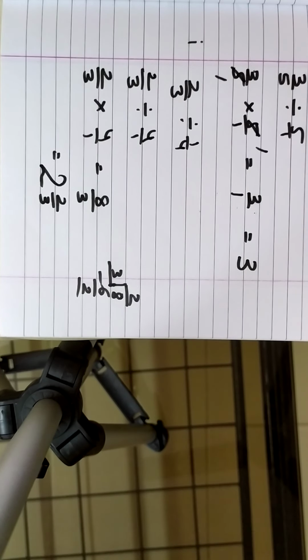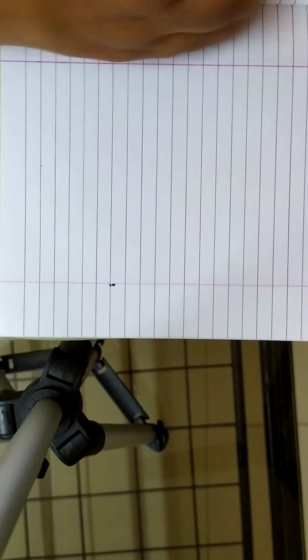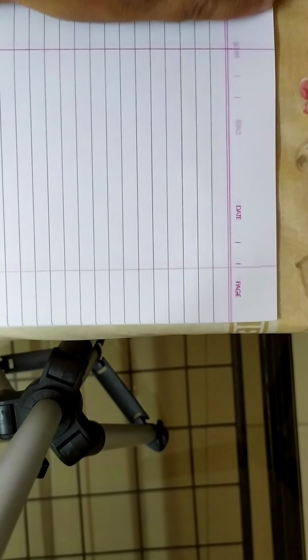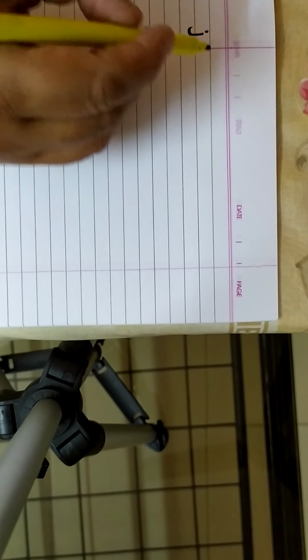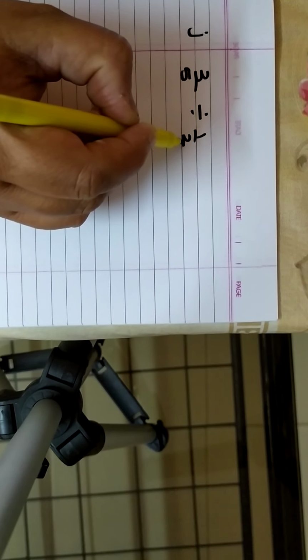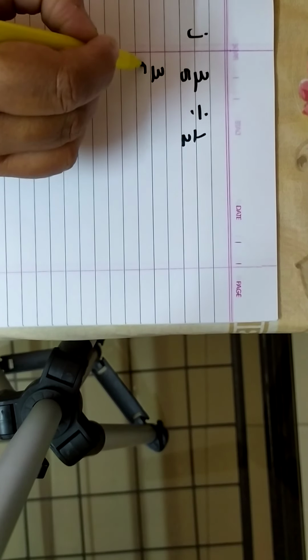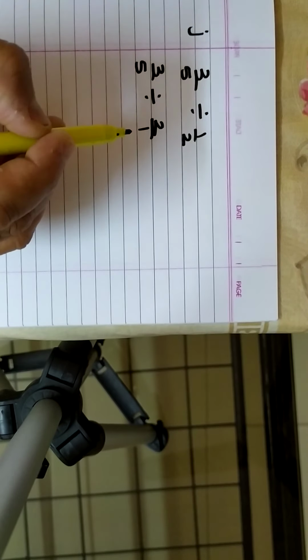Coming to the last sum, that is question number 3J. 3 upon 5 divided by 1 upon 2. Now 3 upon 5, the reciprocal of 1 upon 2 is 2 upon 1.